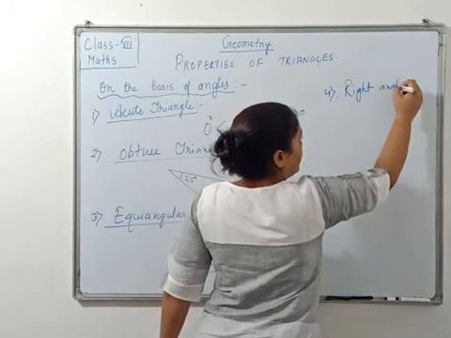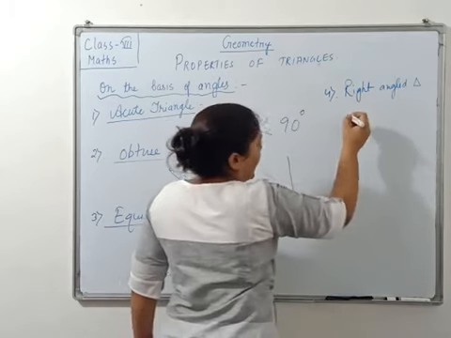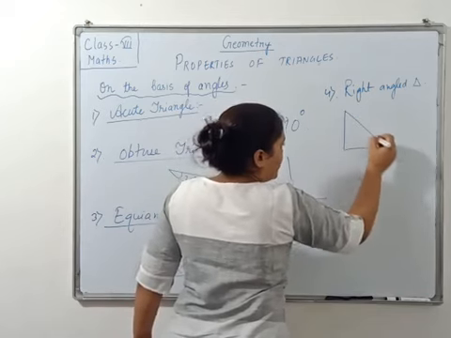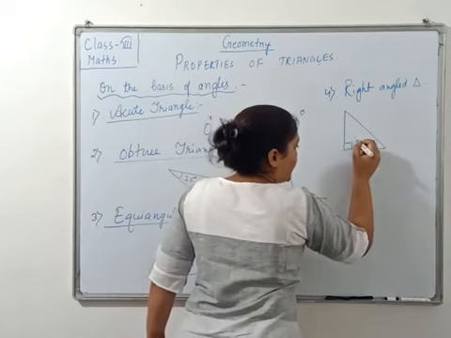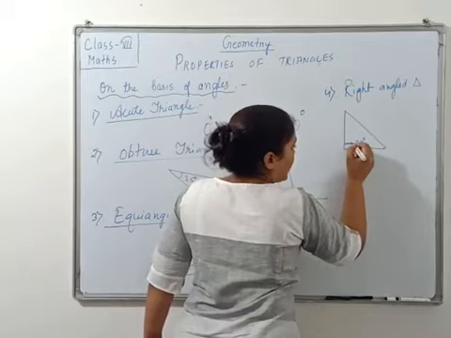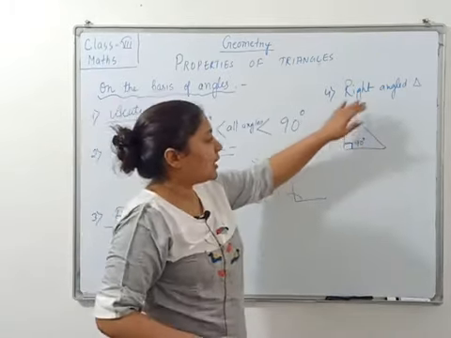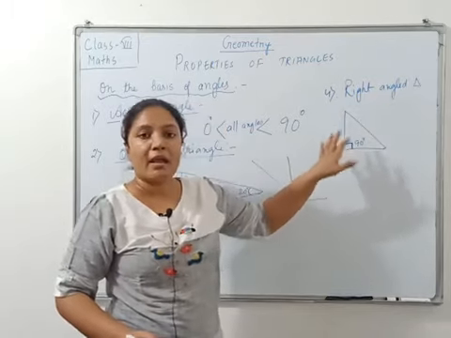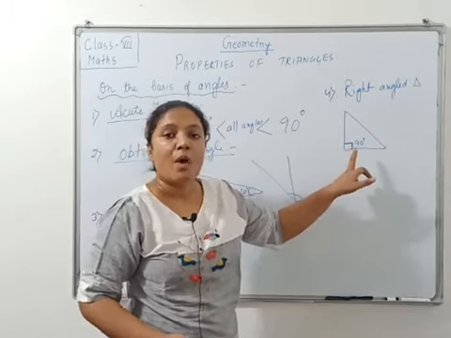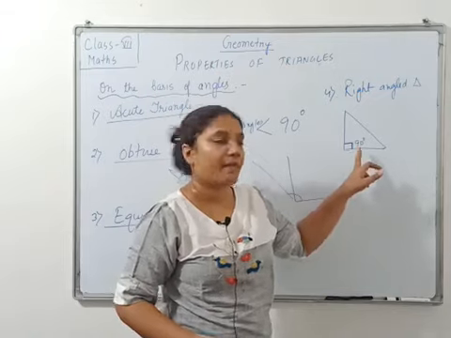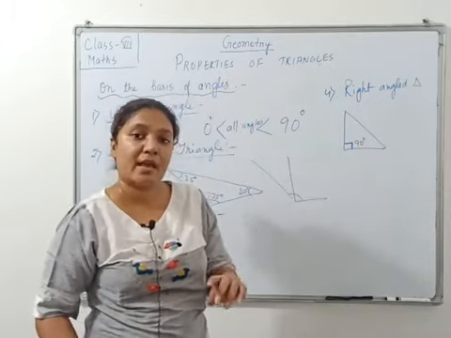Another one, the last one, right angle triangle. In right angle triangle, one angle should be exactly the measure of 90 degree. This sign is the 90 degree sign, okay? Right angle triangle means in a triangle, one angle should be 90 degree and the other two angles should be less than 90 degree.